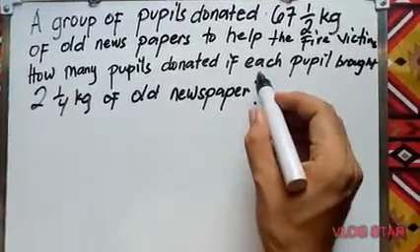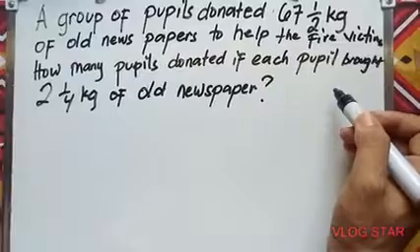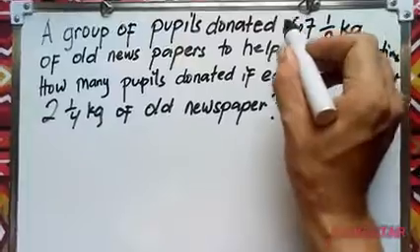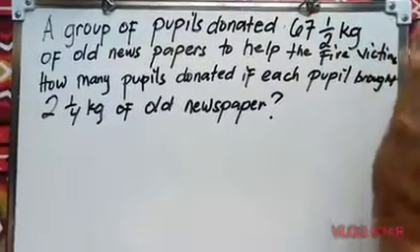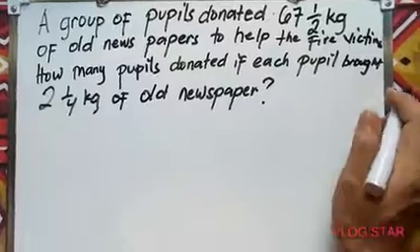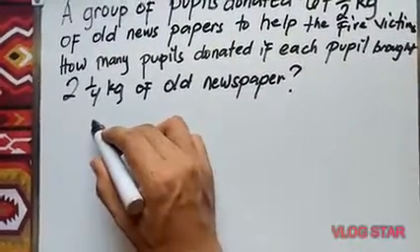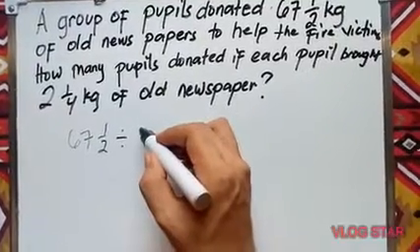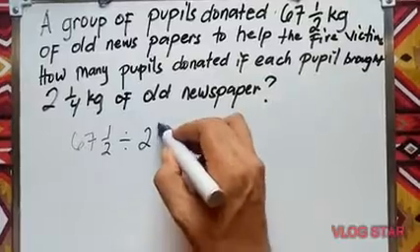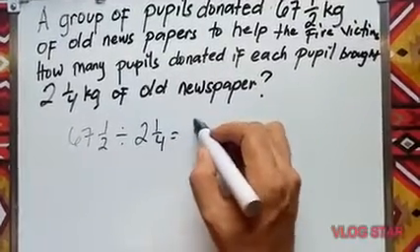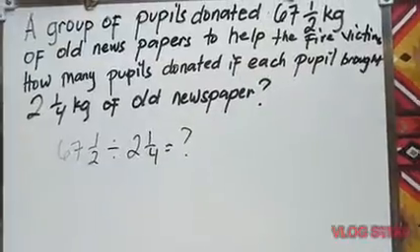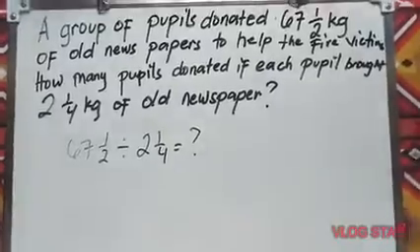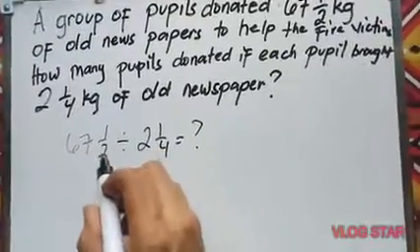For us to know how many pupils brought 2 1/4 kilogram of newspaper, we need to divide it to the total kilogram that they donated. So 67.5 divided by 2 1/4. So we need to convert this first into an improper fraction before we solve.